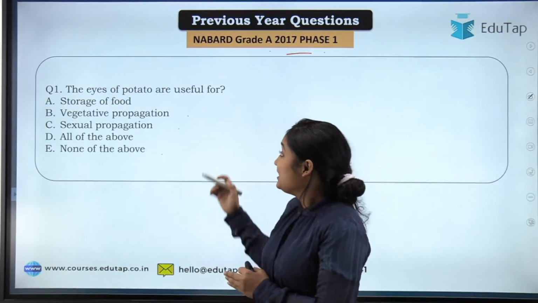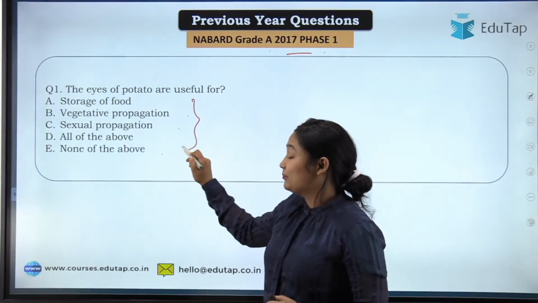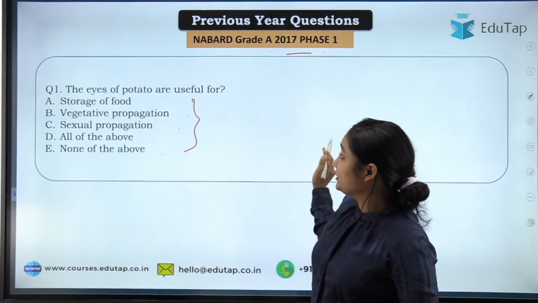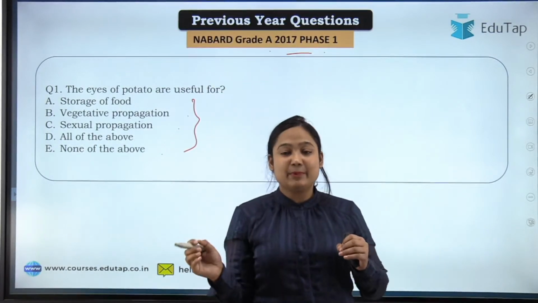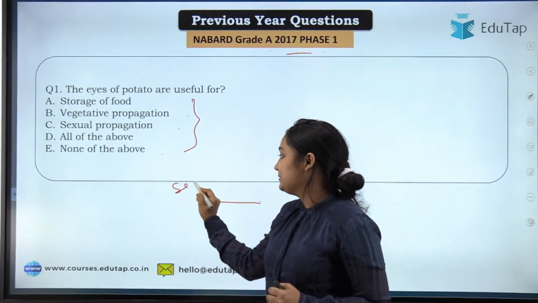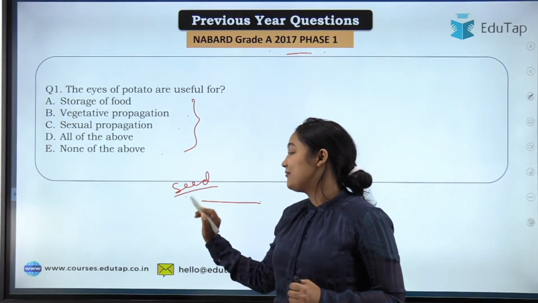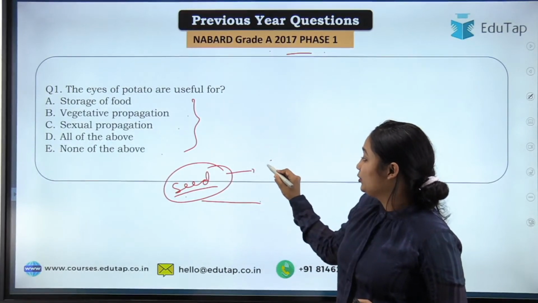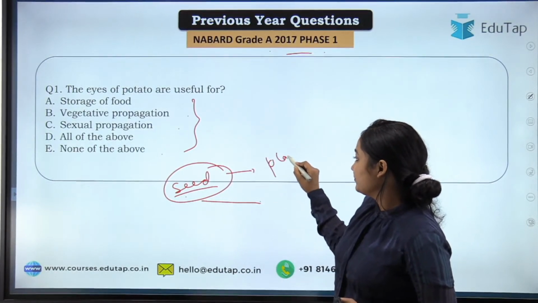So what is this eye? What are they useful for? What are the terminologies we are reading? We will discuss it all. Moving to plants, first of all, see what happens. Usually when we need new plants, what does the farmer do? They obtain the seed. In seed certification we have studied that good quality seed is very important to get good quality plants.